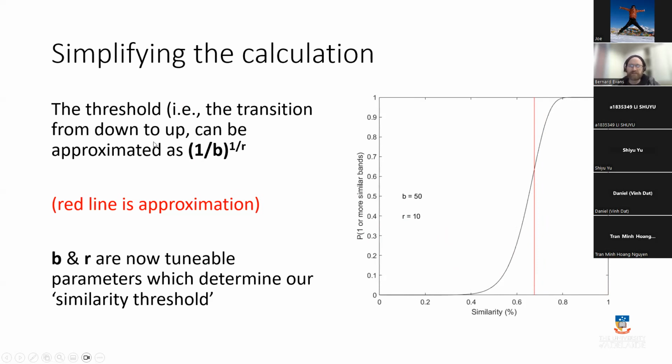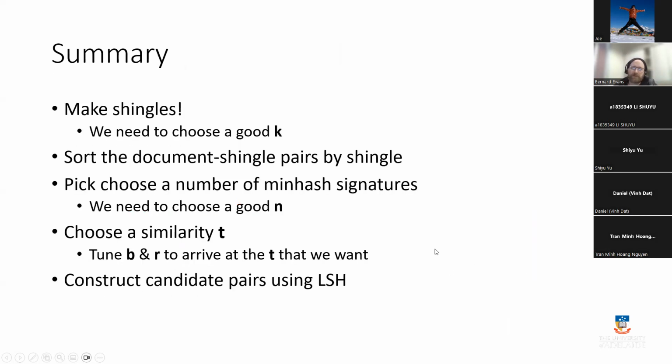So what we're doing here is we're basically just saying, I can adjust my B and my R to work out where I want my threshold to be. So if I'm looking for things that are 70% similar, I just adjust B and R until this formula ends up being about 0.7, right? And then I will have a curve that looks broadly like this. And the higher B is and the higher R is, the steeper and sharper it will be, and the closer it will get me to the map that I want.